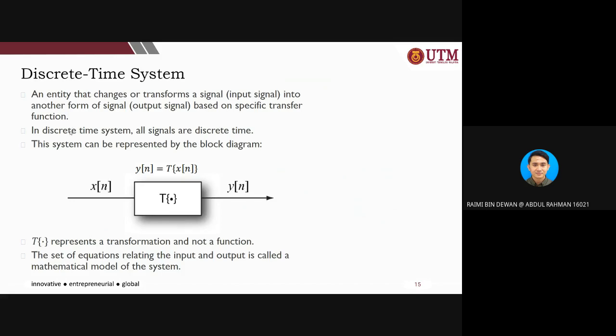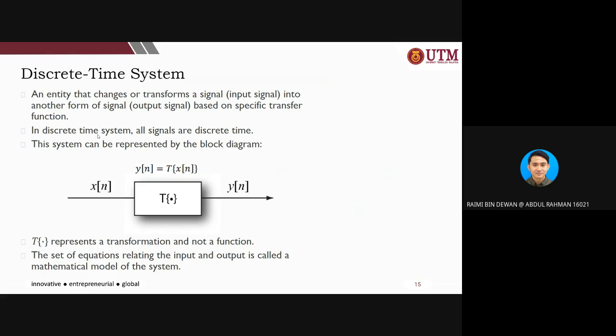Next is the discrete time system. It is an entity that changes or transforms an input signal into another form of signal, the output signal, based on a specific transfer function. You see we have x[n] as the input and y[n] as the output, and this is your transfer function.